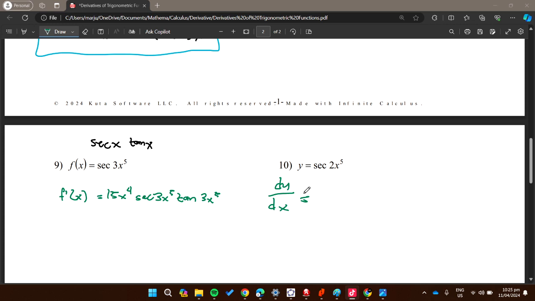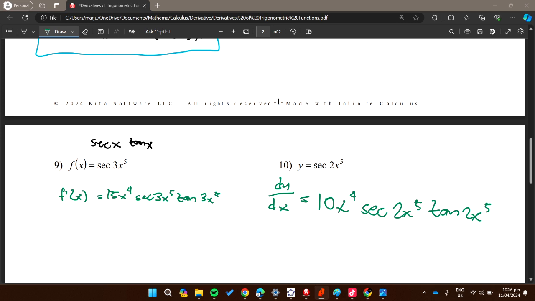Okay, that's correct. So, I think you are getting the hang of it already. So, 10x to the fourth, and then itself, and then tangent of the same function. Alright. So, that will be for number 10.